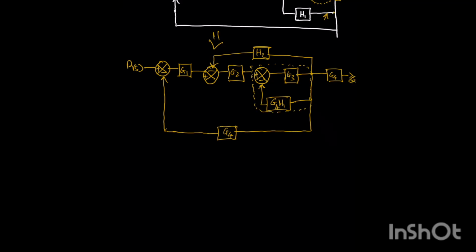We can be able to resolve this. So what we'll be having is, we say R of x plus minus G1, minus, this is minus, we have minus plus G2.